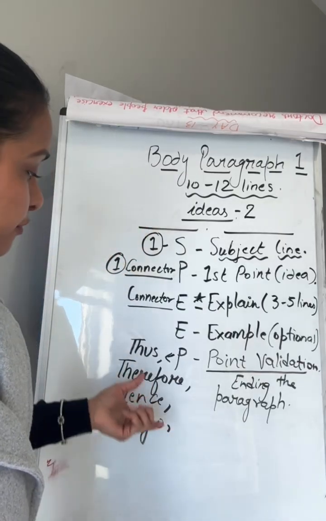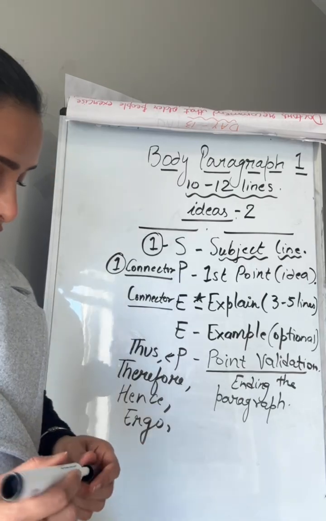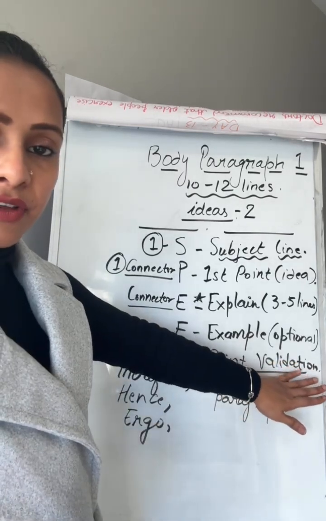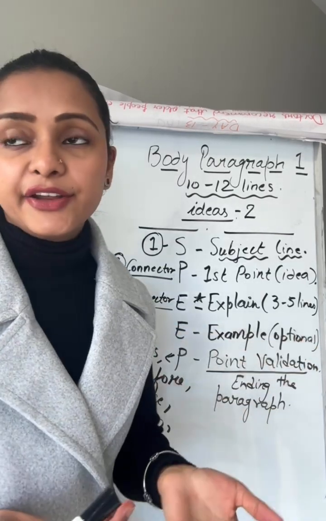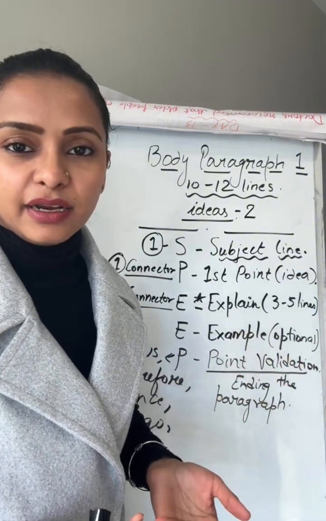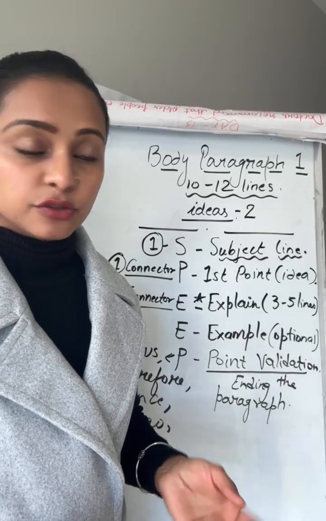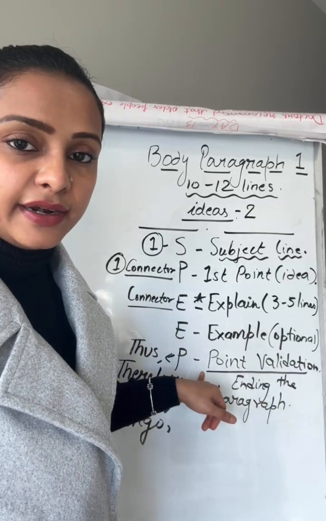These are some of the connectors to validate our paragraph at the end. If you do not validate your paragraph at the end, and you end it by just writing an example, your paragraph will look incomplete. So validating the paragraph is mandatory.